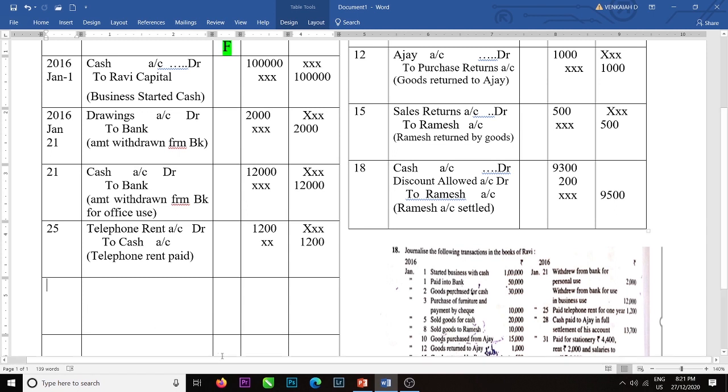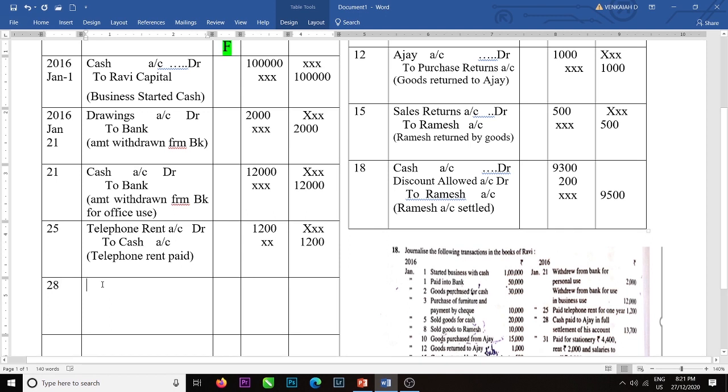Cash paid to Ajay 13,700. Ajay purchases are 15,000. Ajay returns are 1,000. Ajay has to be paid 14,000. But we paid Ajay only 13,700. 300 is the discount we gained.